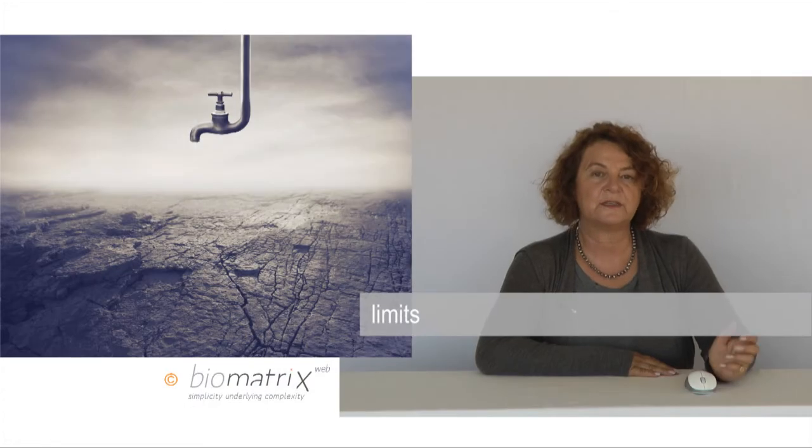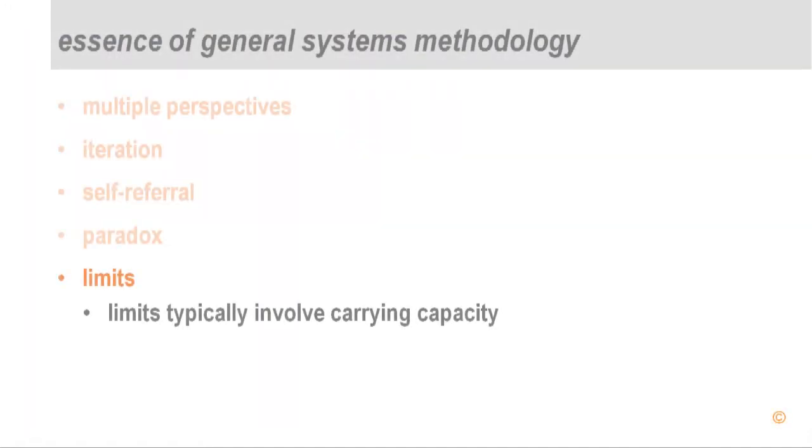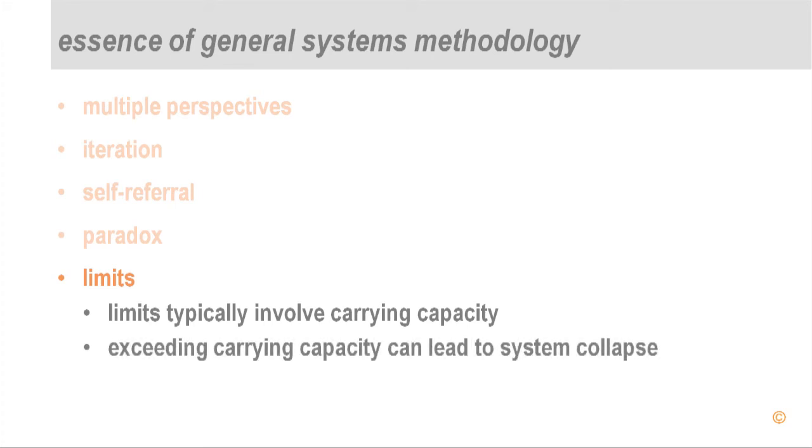Another important consideration in a systems methodology is limits. Typically, as systems grow and develop, they hit limits in their environment. These limits are referred to as carrying capacity. If the system exceeds carrying capacity, it can collapse the system and its environment.